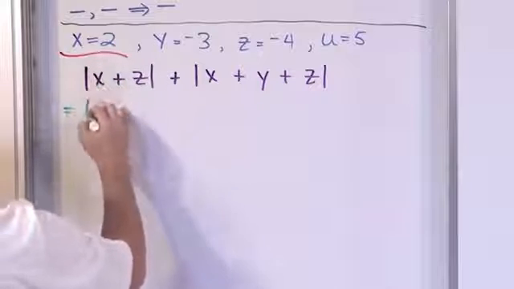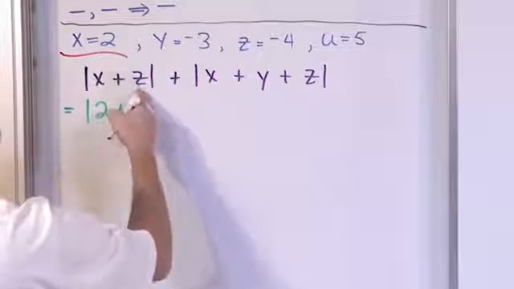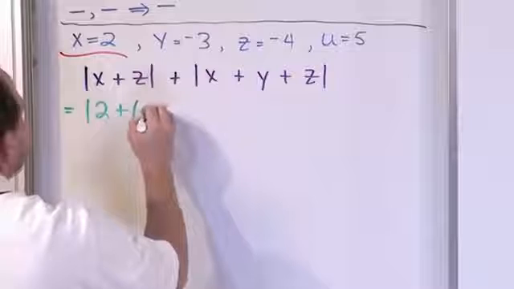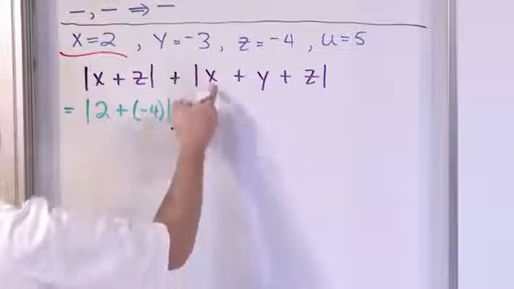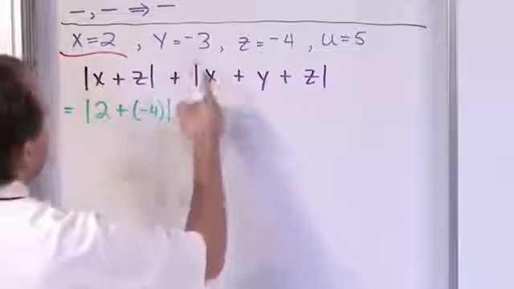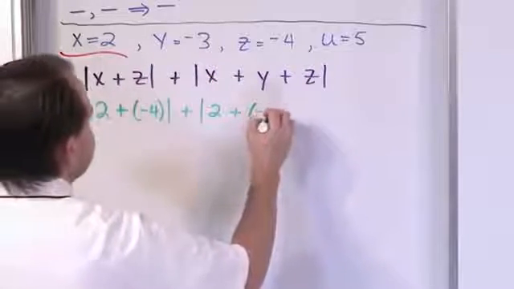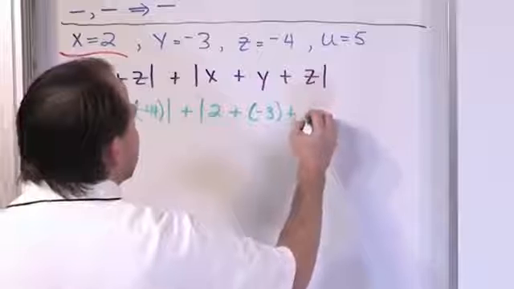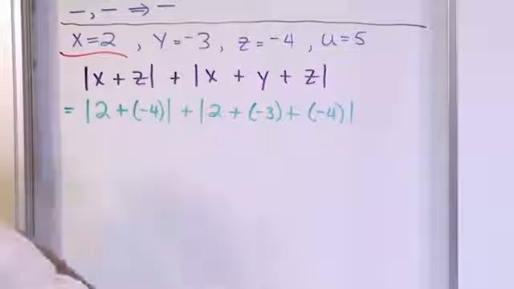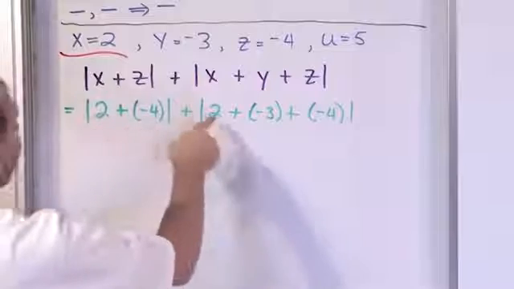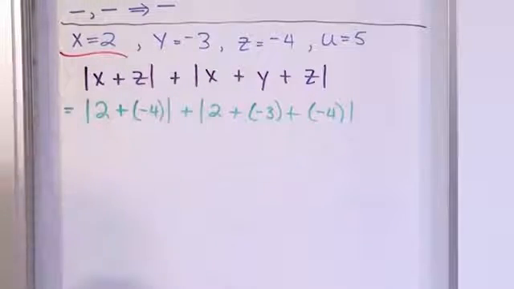X is 2, plus z here is negative 4. So I'll put negative 4, close the absolute value off. And then the other guy I'll open, x is 2, y is negative 3, z is negative 4, like this. So here we have x plus z. Here we have x plus y plus z.